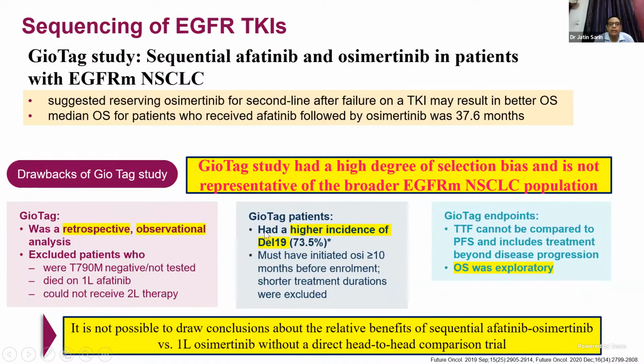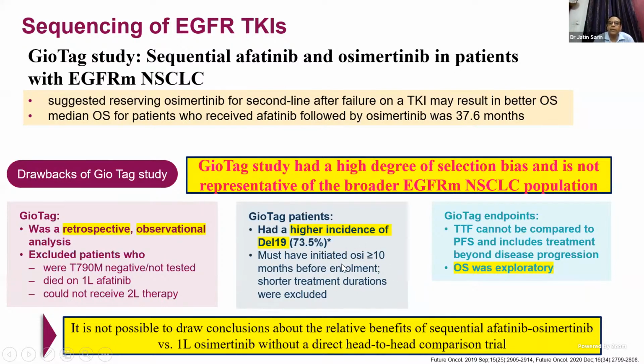There was a higher incidence of specifically DEL19, and also in this particular subset, the patients who had initiated osimertinib at least 10 months before enrollment were included. So shorter treatment durations were excluded.